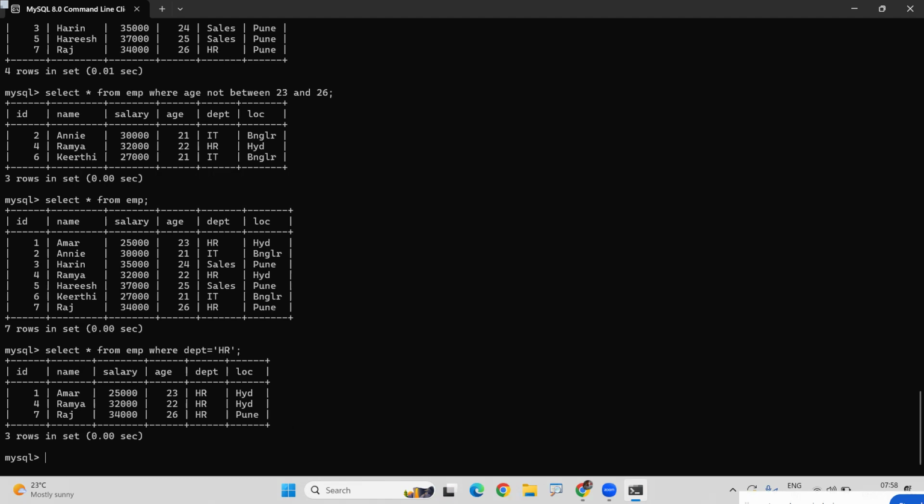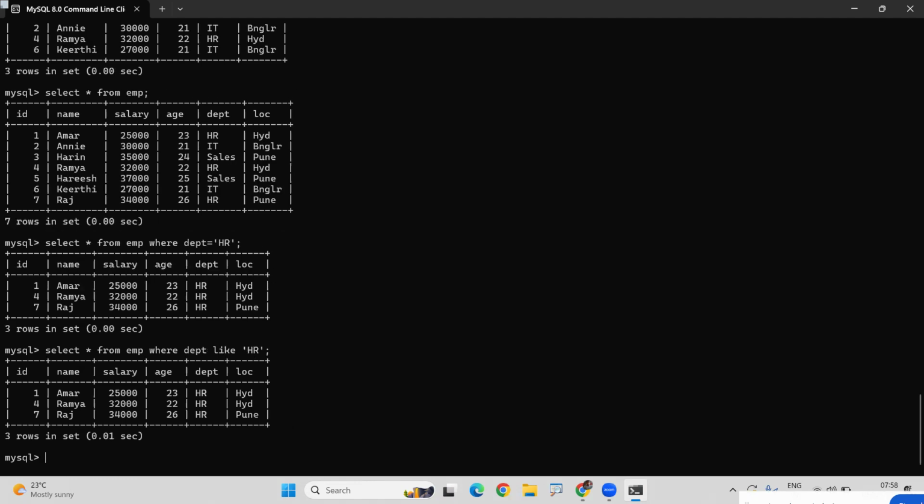But here, department LIKE 'HR'. Both are giving the same output. Then why is the first one also okay now? When do we use a LIKE operator exactly?